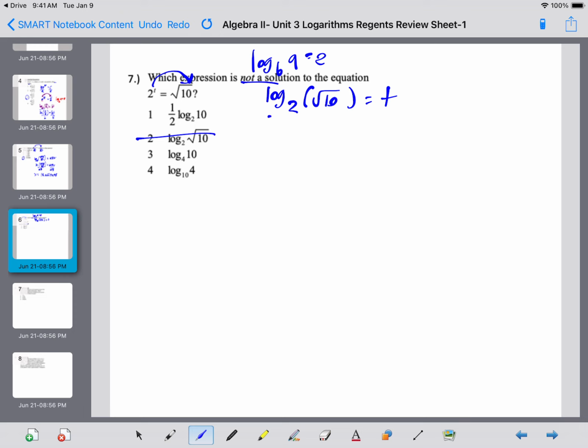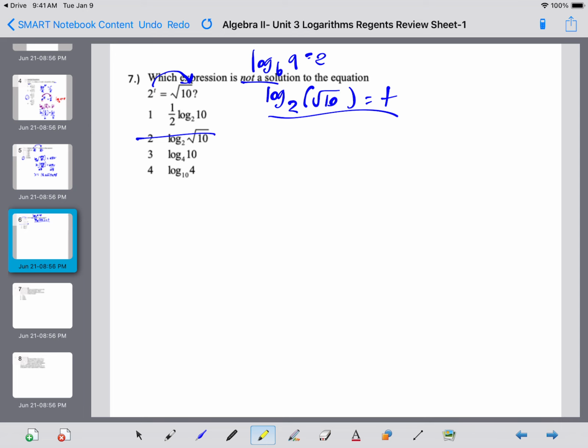If you have this step, you could just type the rest into your calculator, and you'll get some long irrational number probably. But you'll see that all of them equal one number, except for one of them. But I'm going to show the logarithm laws, because there's really not much to teach from that. Everybody should be able to do that.